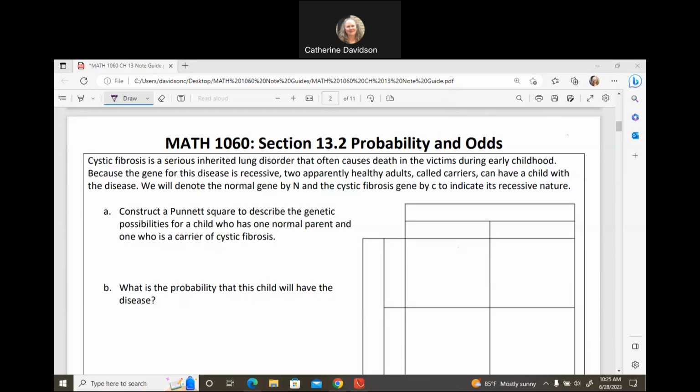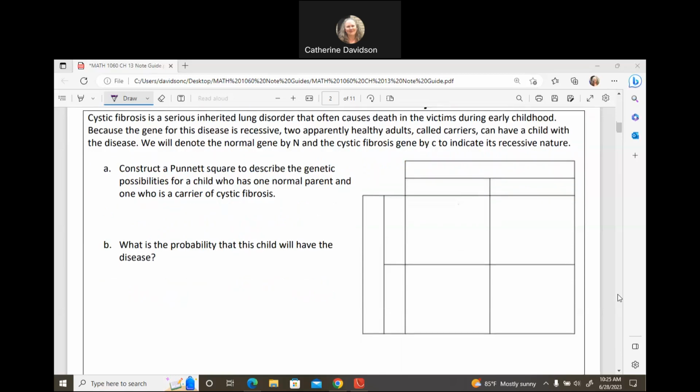So we need to construct a Punnett square to describe the genetic possibilities for a child that has one normal parent and one who is a carrier. All right, so the first parent is normal, so they are not a carrier, so they have two N's.